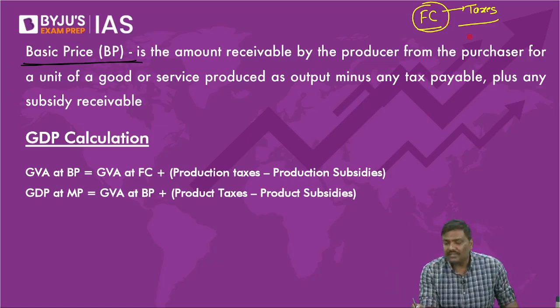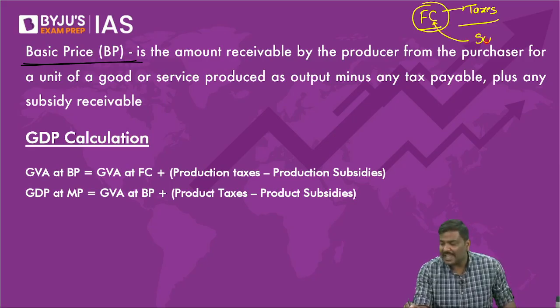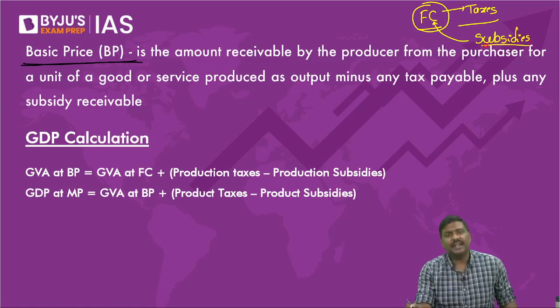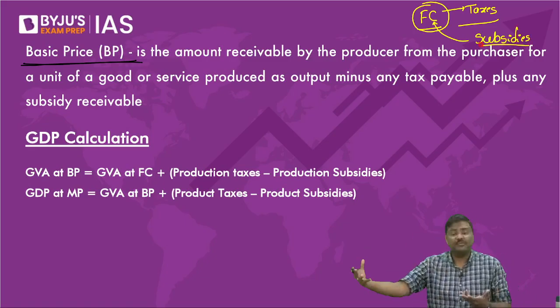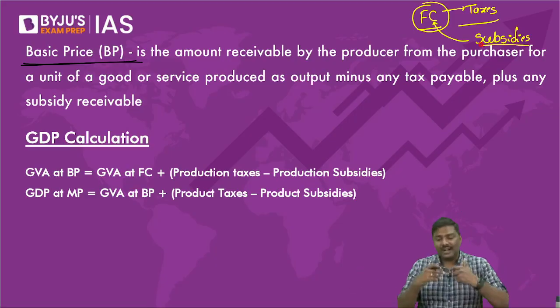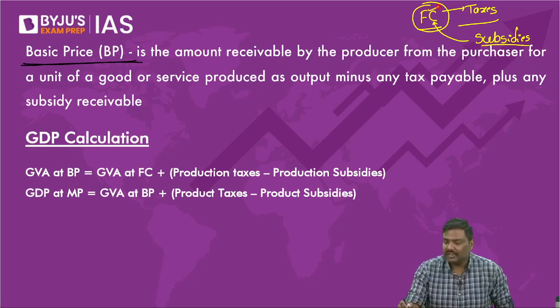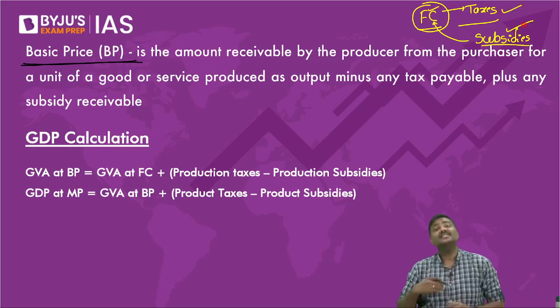You also have received a certain amount of subsidies which are not connected to the volume of production. So you will have to adjust your factor cost with the taxes as well as subsidies.